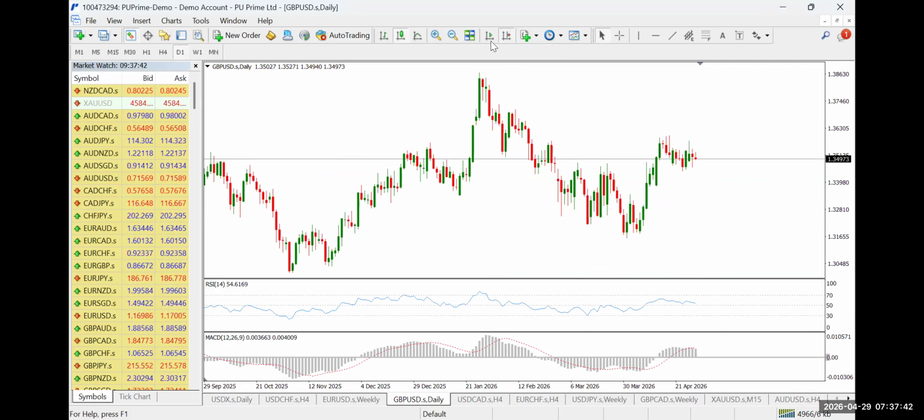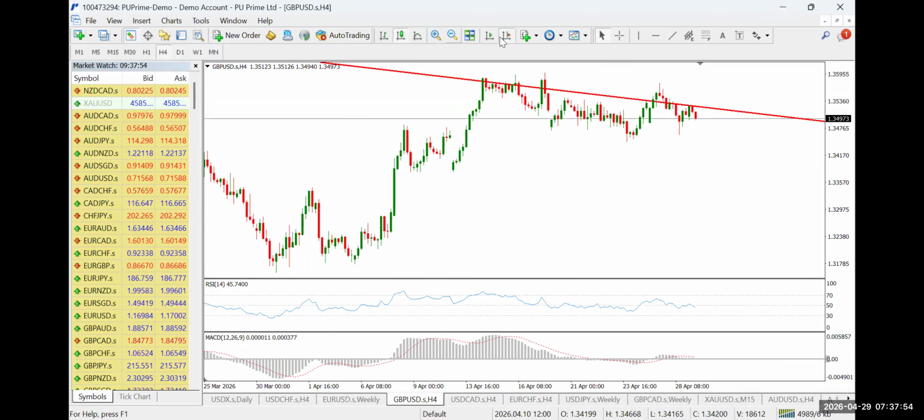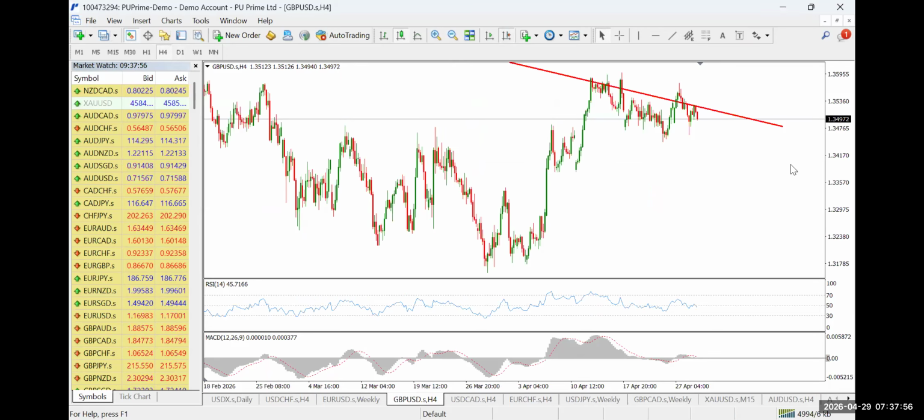And for GBP USD, now if the dollar will go bearish, definitely the GBP USD will go bullish. Let me still filter further.